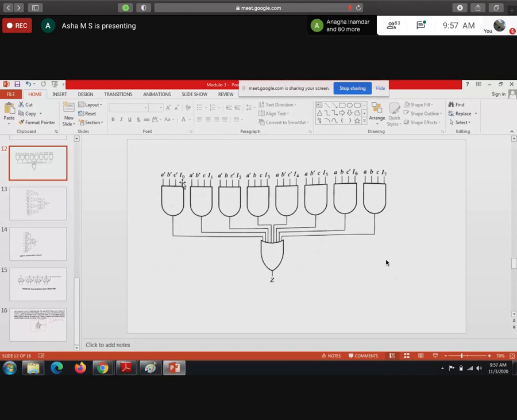Here only I need to add the inverter. So instead of adding 8 inverters or replacing the AND gates with NAND gates, I can replace this OR gate with a NOR gate.